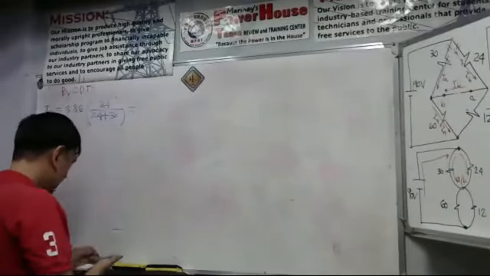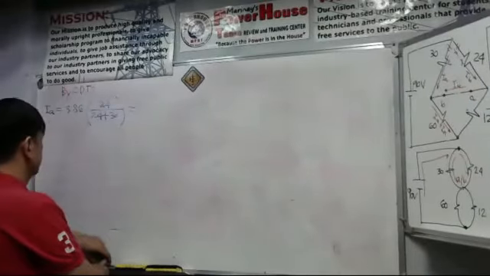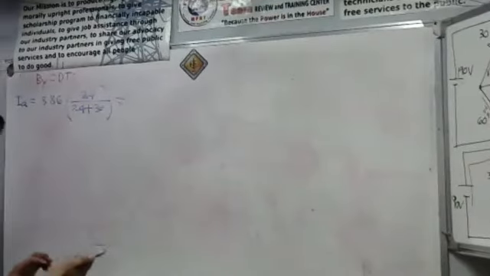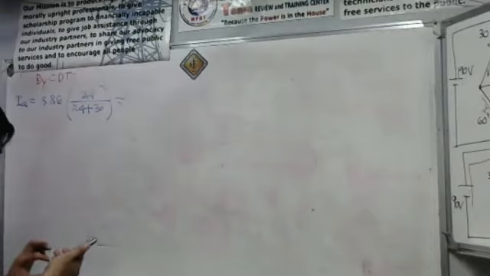So that is 3.86 times 24 divided by 24 plus 30.